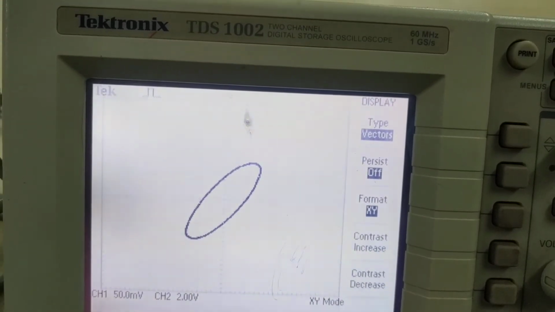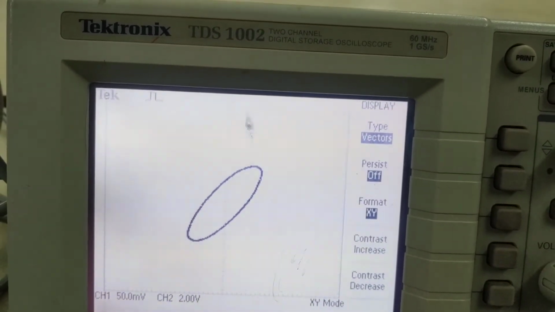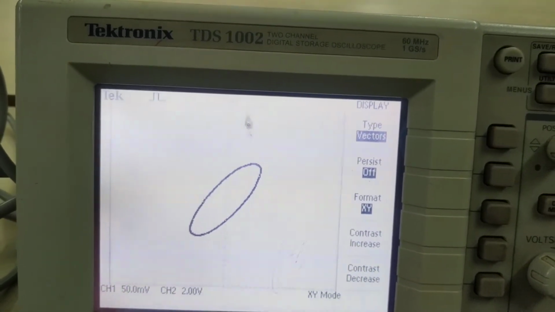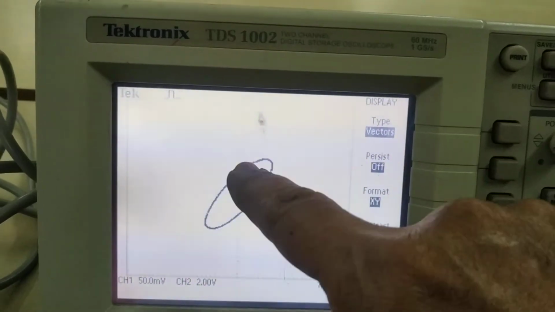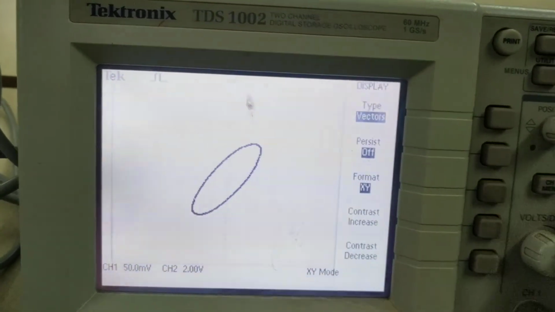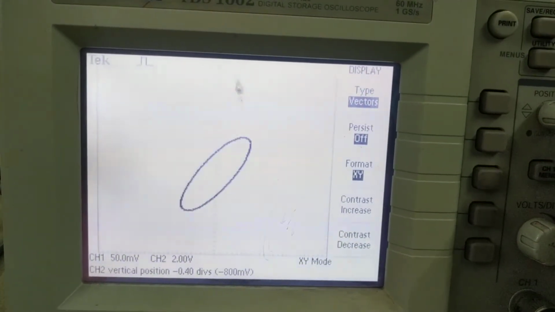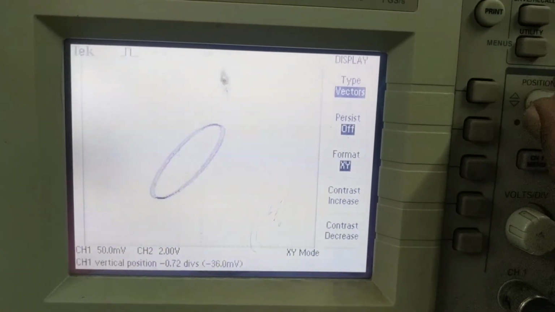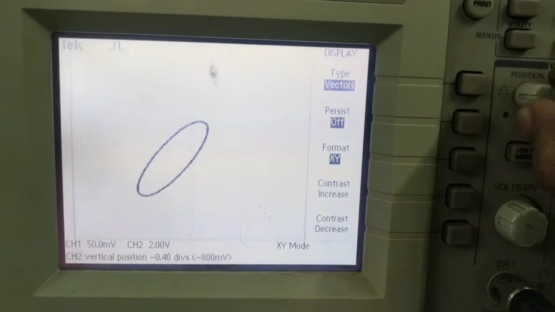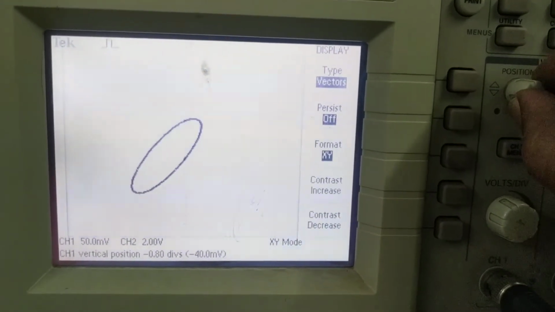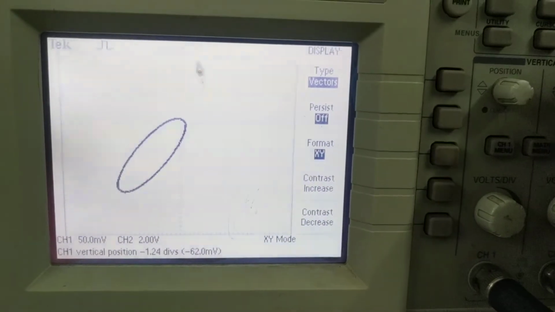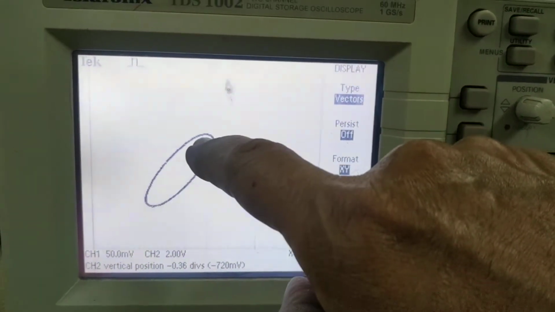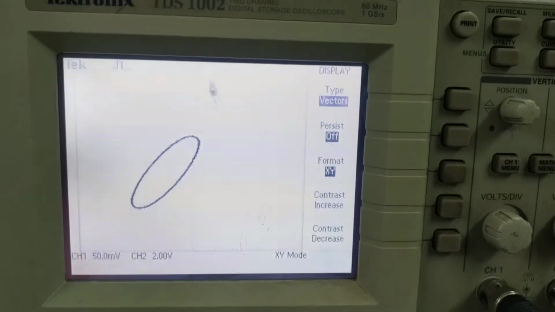Theta is equal to sine inverse of y1 by y2 or y2 by y1, whichever you consider: smaller intercept divided by larger intercept. The smaller intercept value is two divisions, and for the larger intercept value you have to change this one so that you get the reading. 1, 2, 3, 3.2.